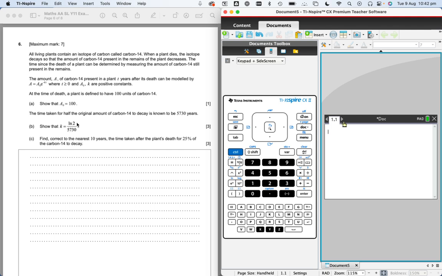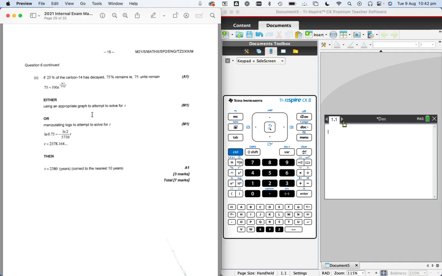Part B is to show that, given this information, the time taken for half of it to decay is known to be 5730 years. Show that this is true. And you can see the 5730 is here. I'll briefly show you the mark scheme, but again, it's a log manipulation question rather than anything else.